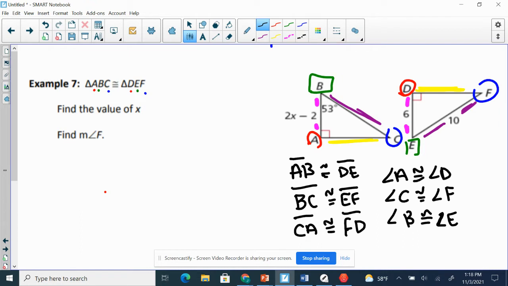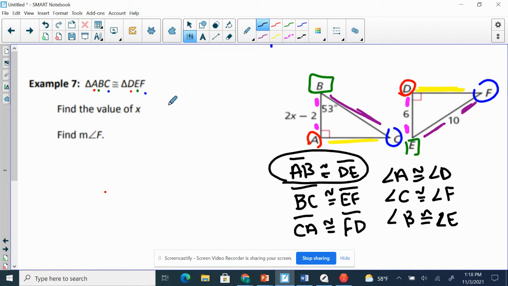Now, this question is telling us to solve for x. So this is not necessary for this question, but it is for the conversation if you don't know directly where to go. So I know that I want to solve for x, which is side BA. So I'm going to pay attention to BA, or AB, and that means I'm going to focus on its equivalent over here, DE. It's congruent.